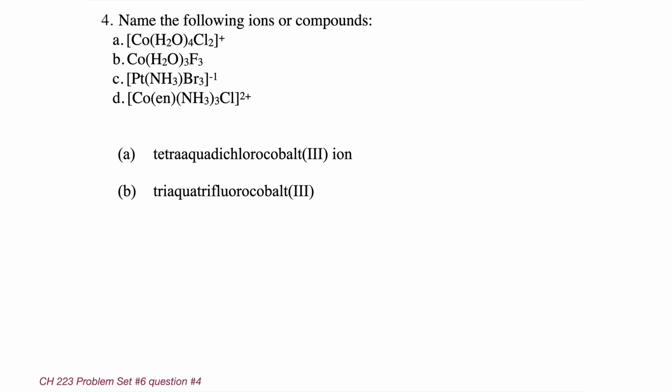Now this thing has ammonia, which is amine in this world, and you also have a tribromo because of the 3 bromines. Now there's 3 -1 bromines, but there's an overall charge of just -1. So the platinum here has a +2 charge.